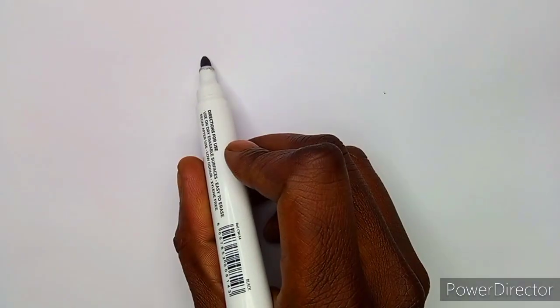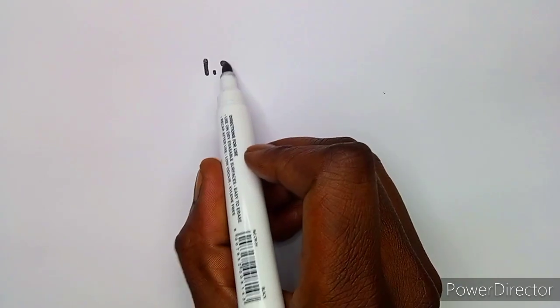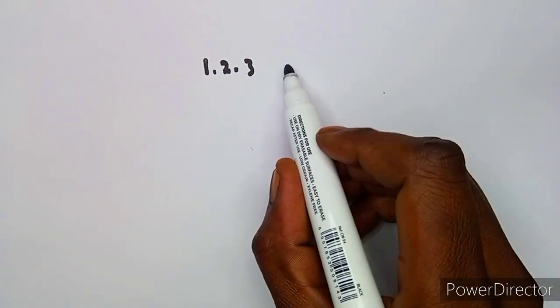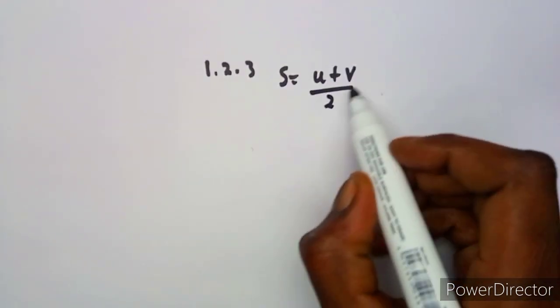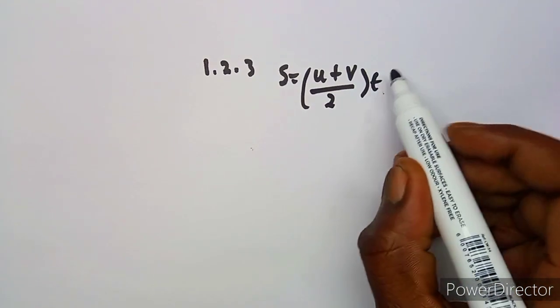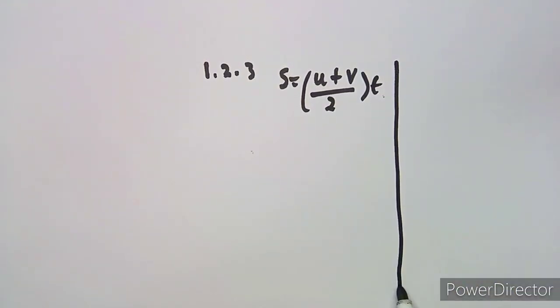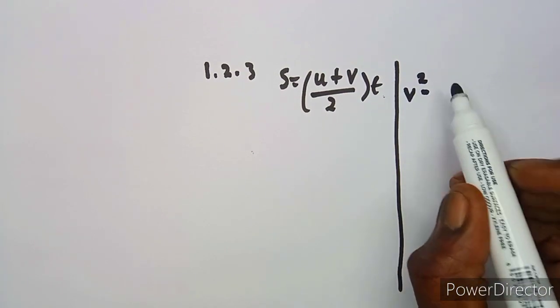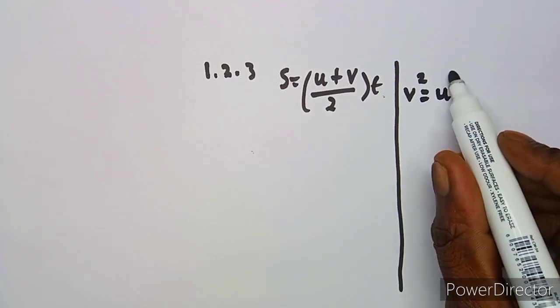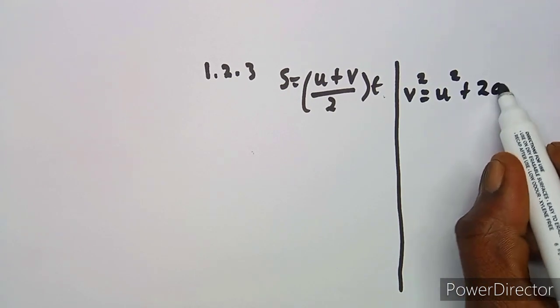So which formula are we going to use? So there are so many formulas, I'm just going to list them down. We have got this one, 1.23. S is equivalent to U plus V is also part of the formulas that you can actually use. This one, I love this formula. But there's also this one that most people use, and I wonder why. V squared is equal to U squared plus 2as.